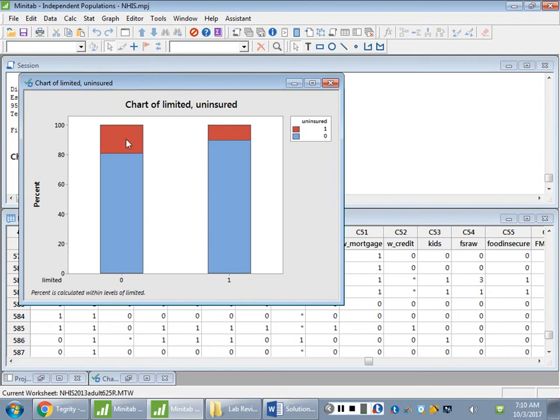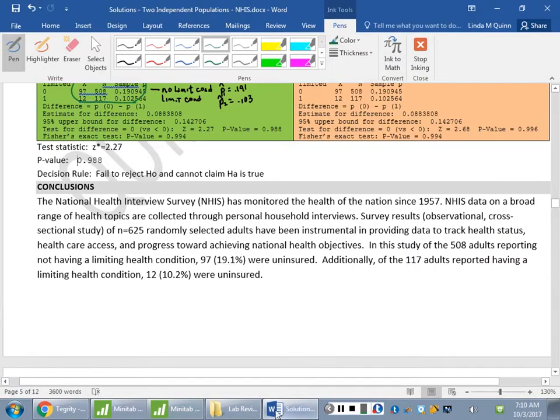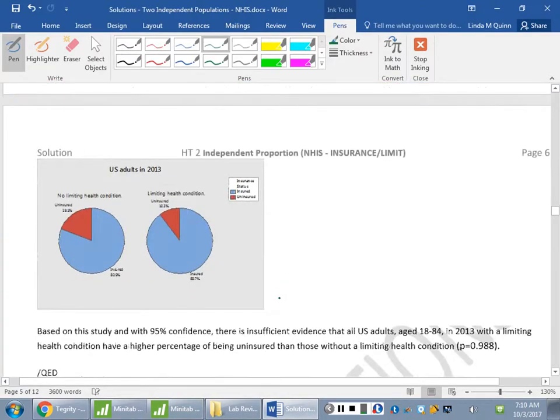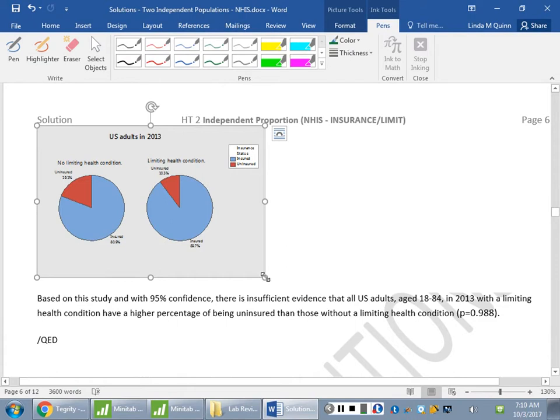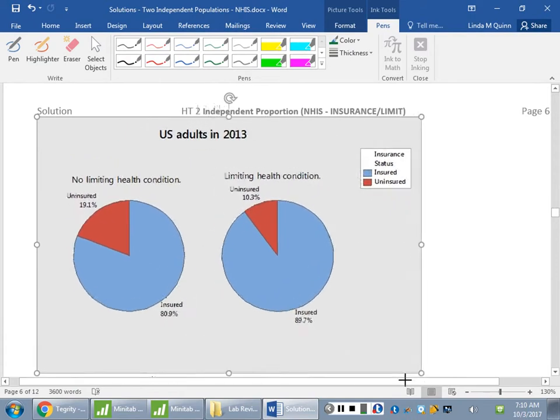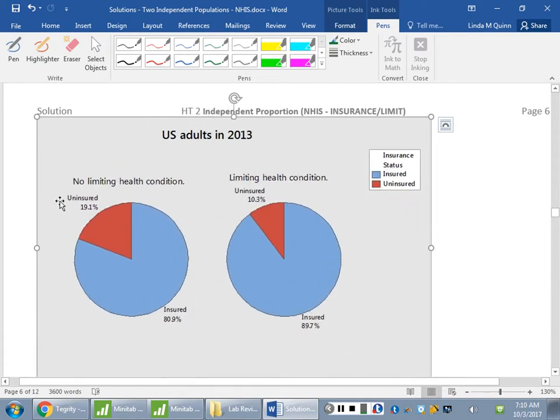And so once again, if I hover over this, I see this is my 19.1, and this is my 10.3. I did this actually in side-by-side pie charts. Okay, so hold on a second. And you can see 19.1, 10.3.